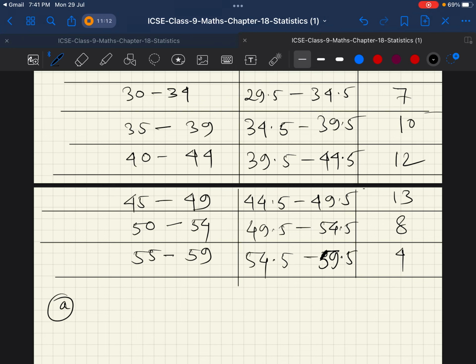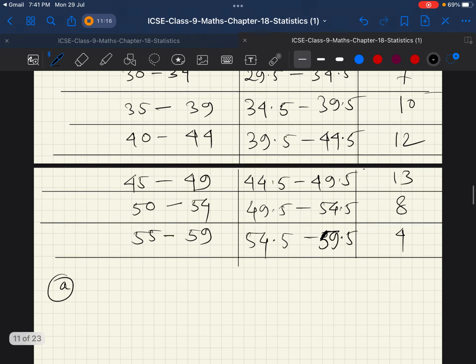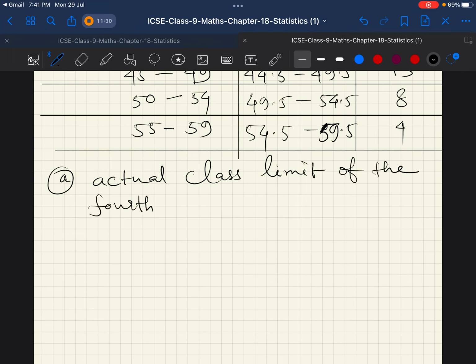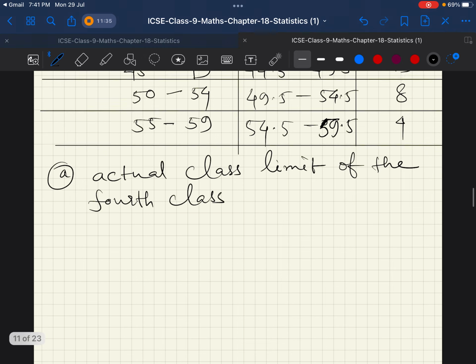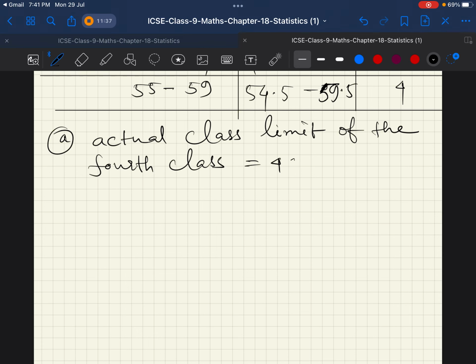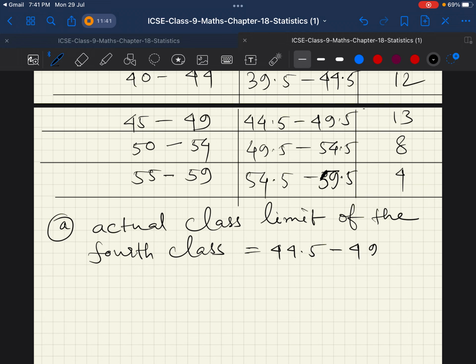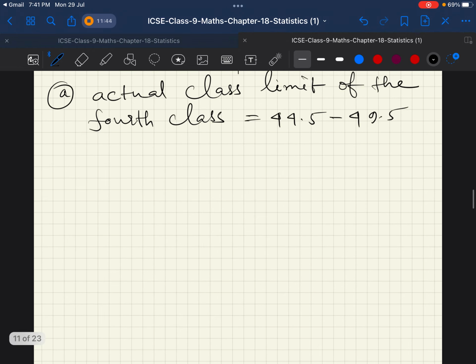Lower class limit is 44.5 and upper class limit 49.5. So the actual class limit of the fourth class, that means after adjustment, will be 44.5 to 49.5.